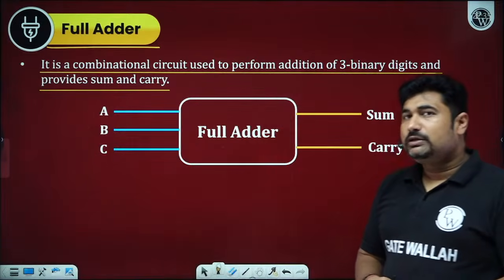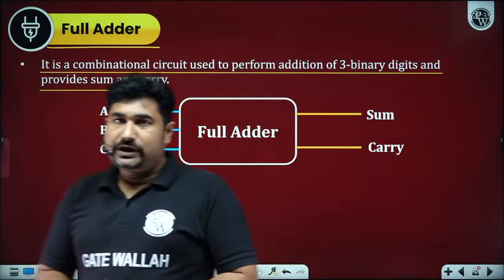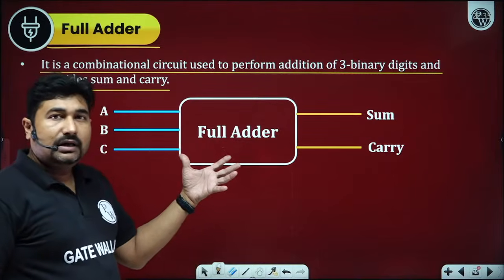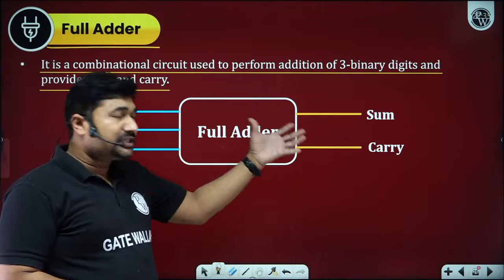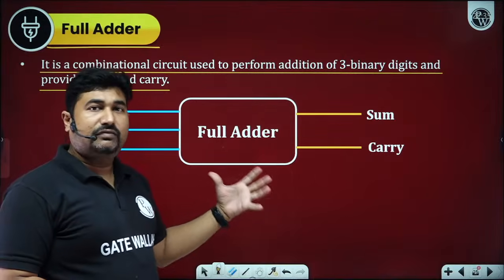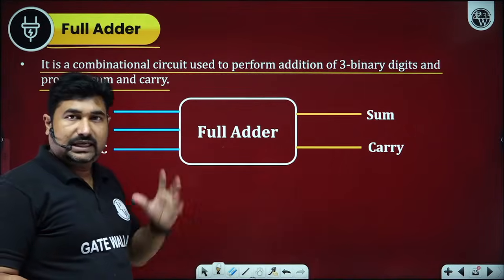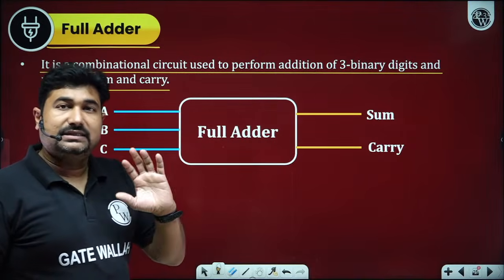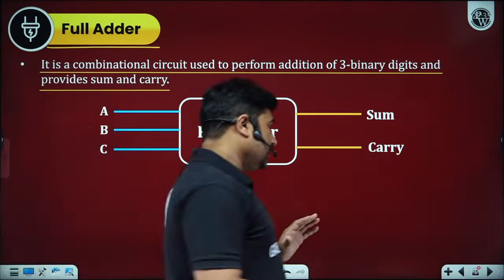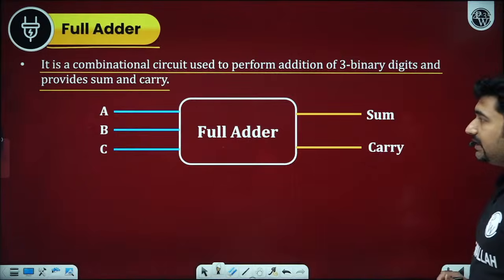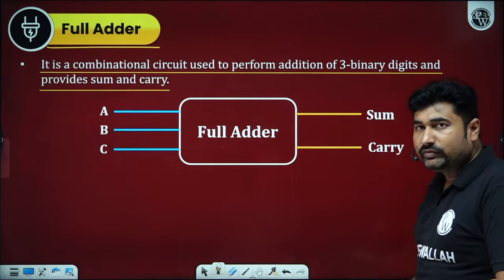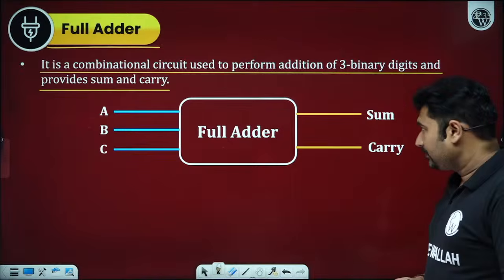How many of you are able to understand up to this part? The sum's logical expression may be different, but arithmetically what we have to do is A plus B whole is going to be added with C. A plus B whole plus C. This is the arithmetic function to be done. If the carry becomes high, we make carry high. If the carry remains low, we make carry low. Is it okay? Yes, sir.